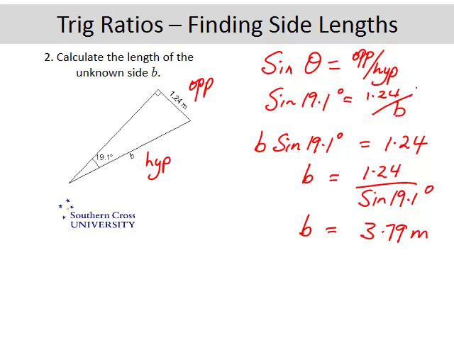Put the values in. The next step is rearrange. The next step is calculate. There's usually a setup where you end up multiplying or you end up dividing depending on what you're doing. But learning that is not good.